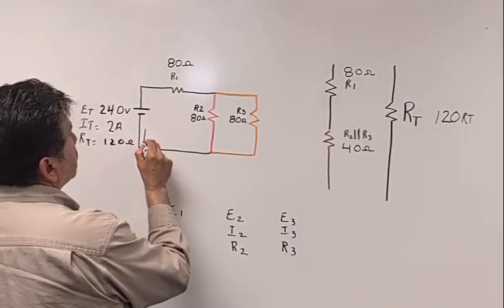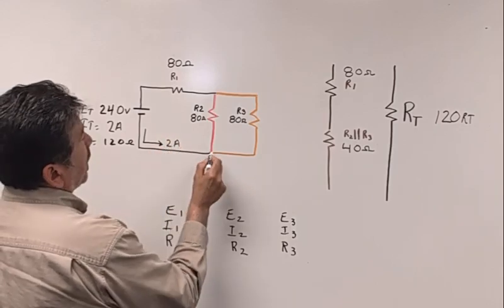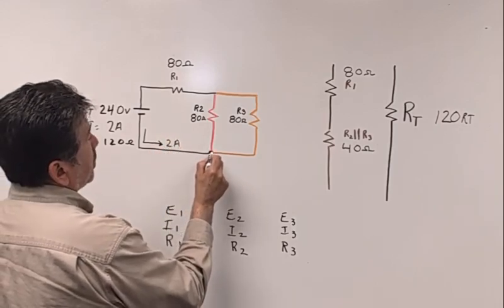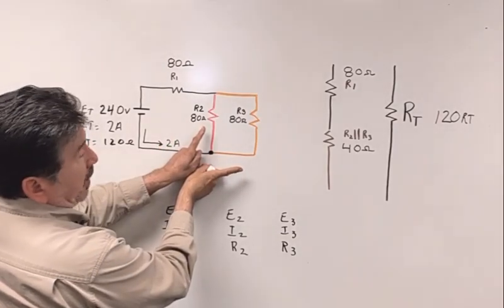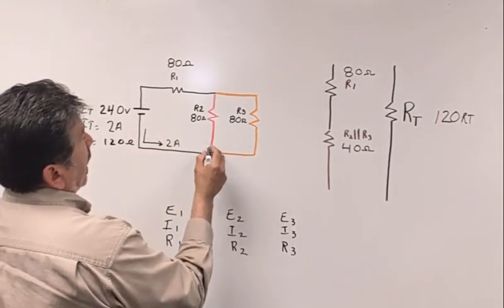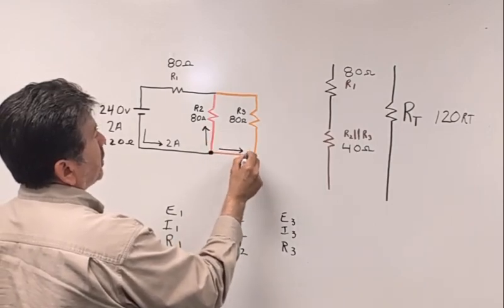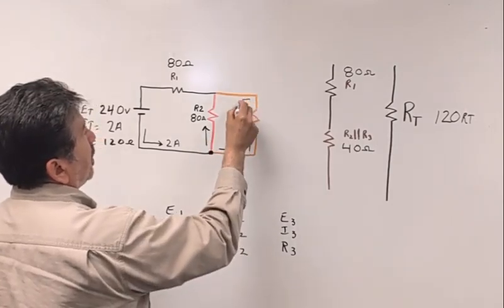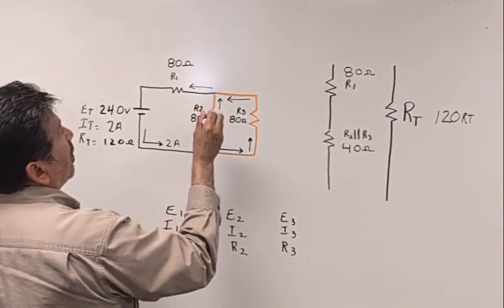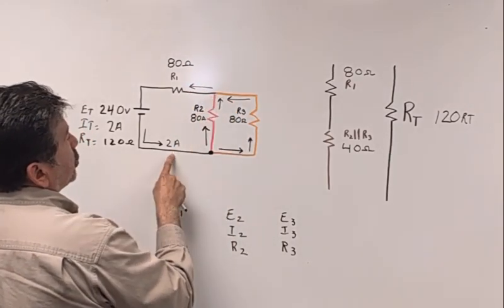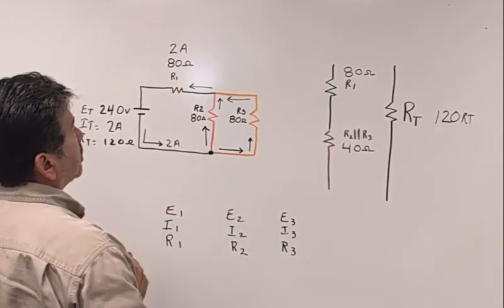So my 2 amps is flowing in this direction. When I get to this node, there are 2 directions that can be taken. I know that part is going to go this way and the rest will continue in this direction, coming back and recombining here. That recombination of the 2 amps means that there are 2 amps at R1.